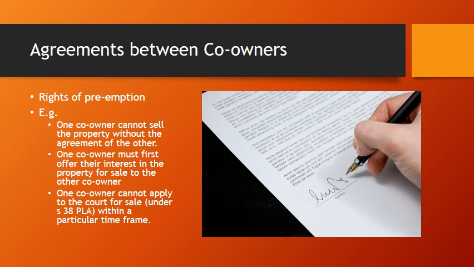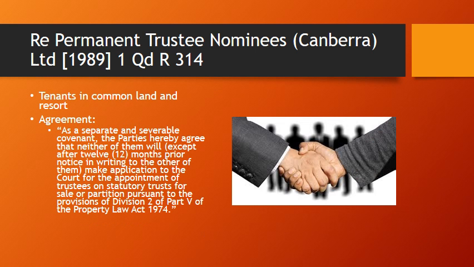And the particular thing the courts have looked at over the years, both in Queensland and in other states, is, well, is this in some way ousting the jurisdiction of the court, or the ability of one co-owner to go to the court and to apply for a sale of the property within a particular time frame? So we have a case in Queensland called Permanent Trustee Nominees, a 1989 case.